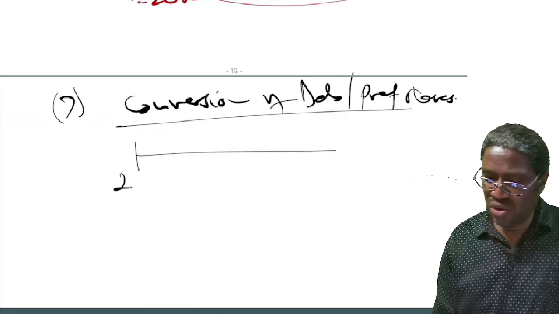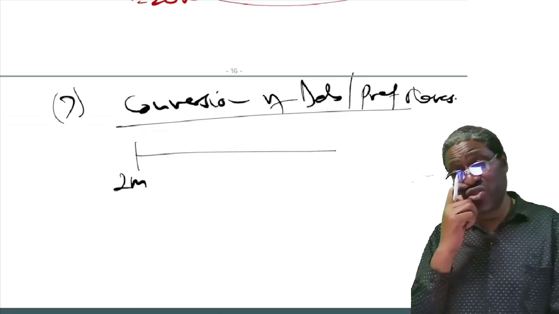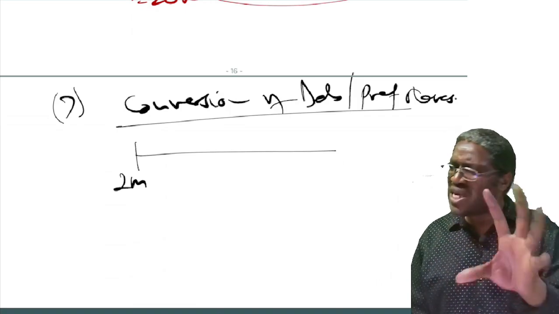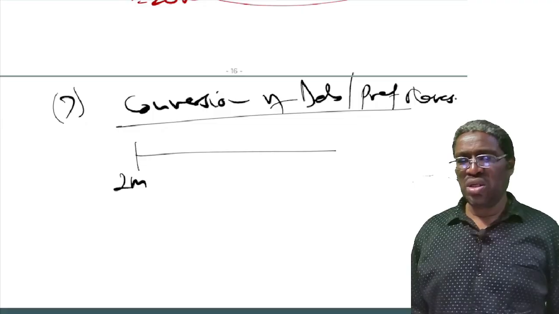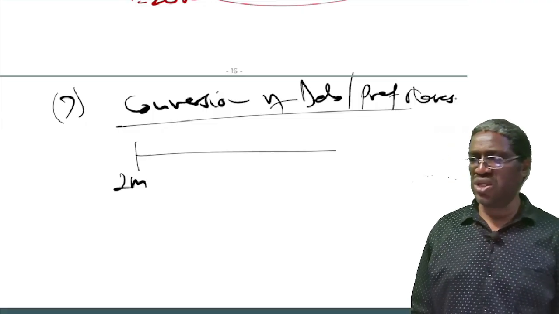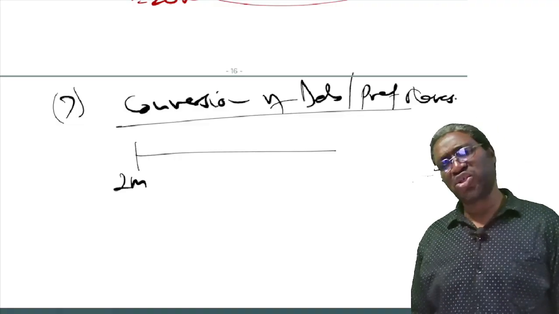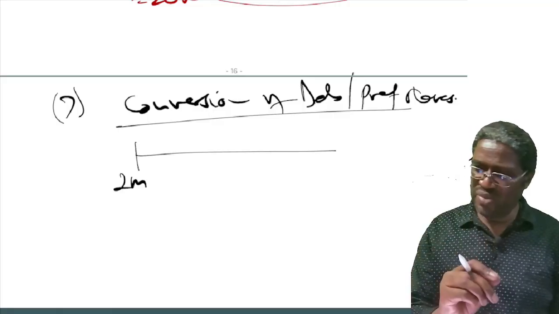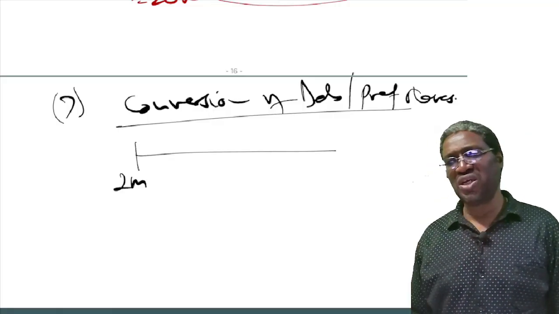We began the year on 1st of January with 2 million shares. Many years ago, we issued convertible debentures or convertible preference shares.